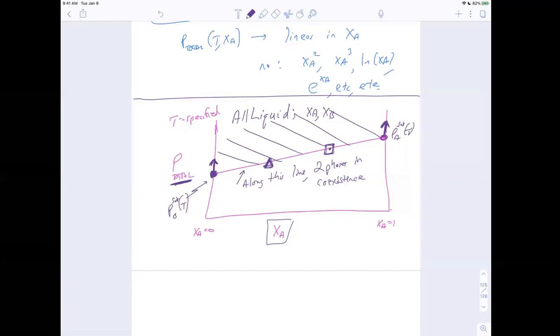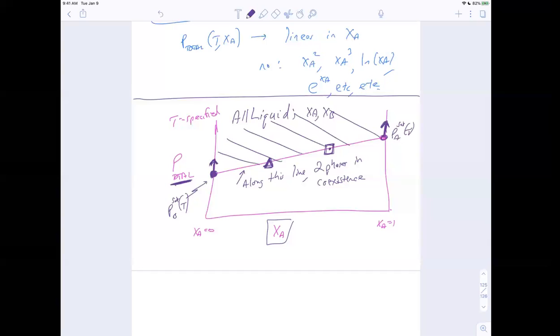So what we've done now is actually get a boundary. If composition is the thing that we're looking at here, as this intensive variable, X of A is intensive, it's independent of the amount you have. We've actually mapped out a phase, at least one phase, which is the all liquid phase.